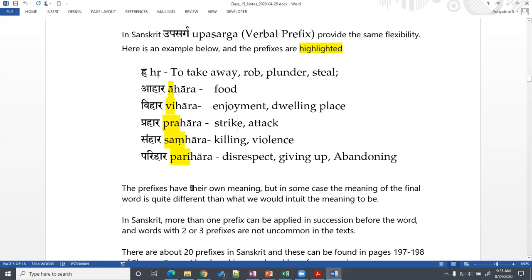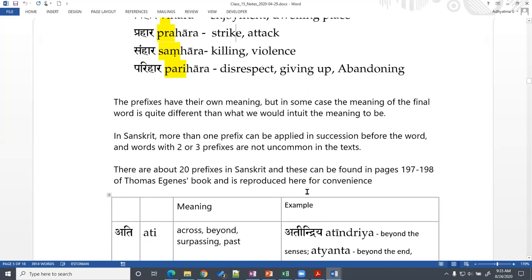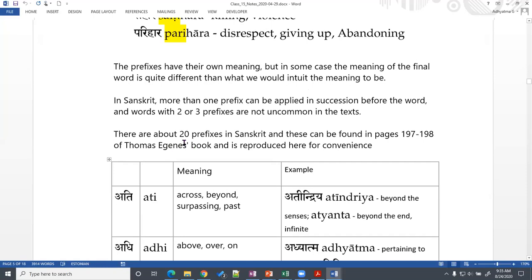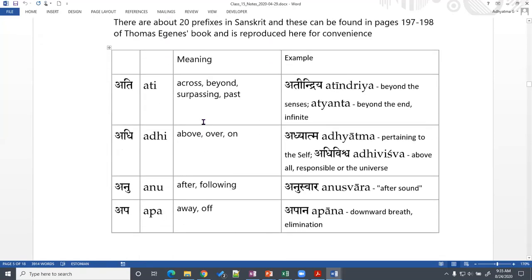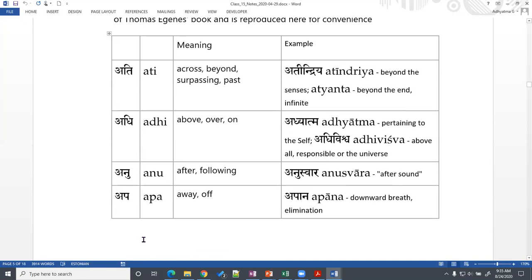And as you can see here, these prefixes have their own meaning, but in some cases the meaning of final word is quite different than what you would intuit with the meaning to be. In Sanskrit, we can have more than one prefix applied in succession before the word. So there are 22 prefixes like this in Sanskrit literature. In Sanskrit, they are a fixed number, and those are given here in detail.